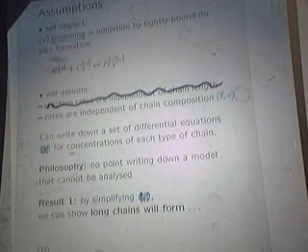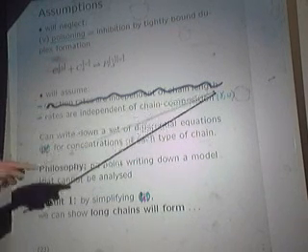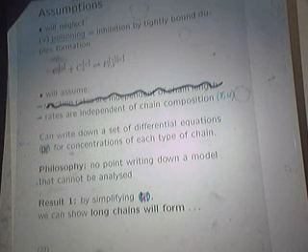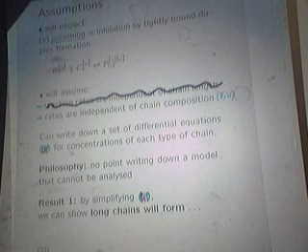So I know one is poisoning, where 2 chains can just merge and form a complicated mess, and that takes them out of reaction and they can't grow any longer. We're going to assume that the rates of growth are independent of chain composition and independent of chain length, and then write down differential equations for this.